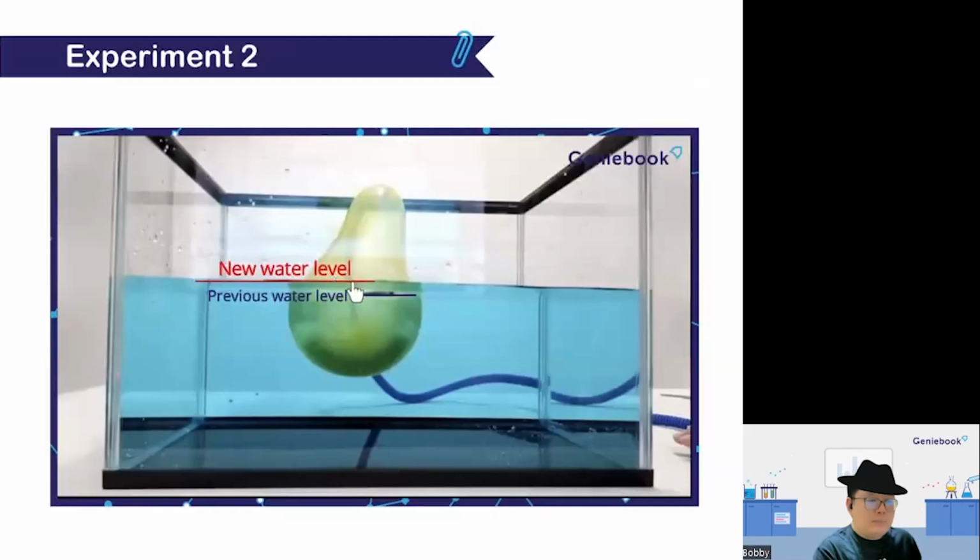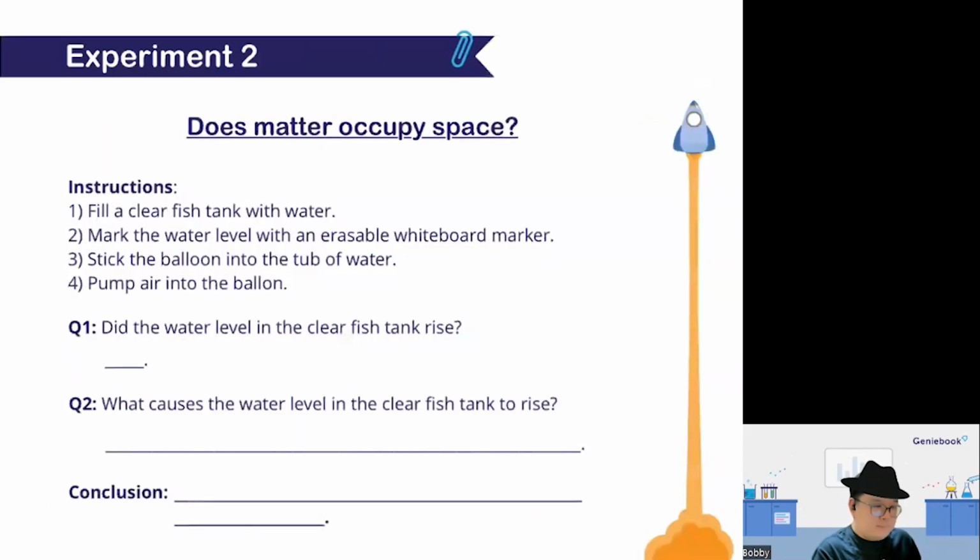So what does this mean? If there's an increase in water level, what caused the new water level to rise?